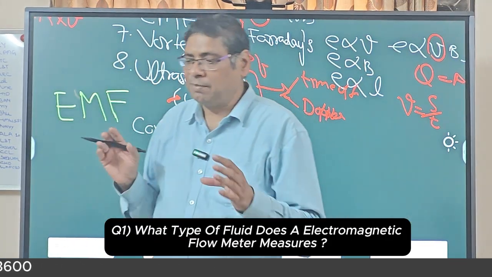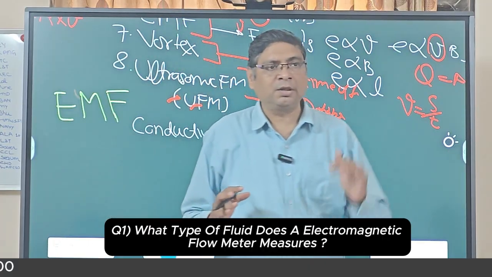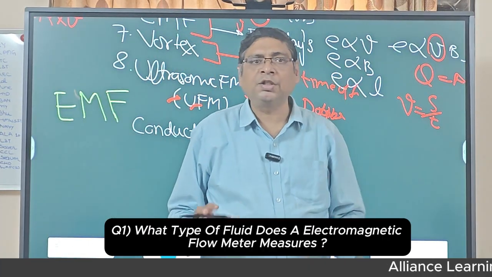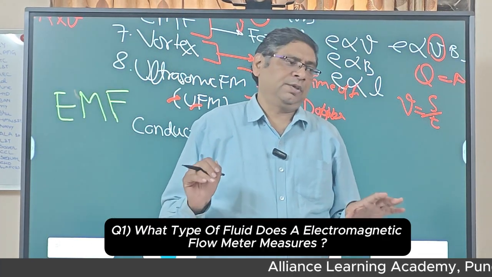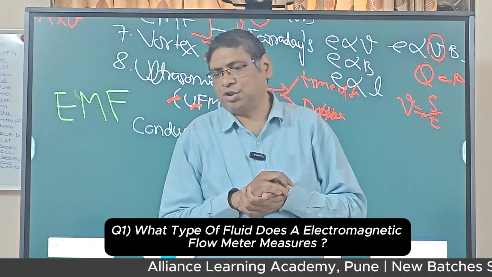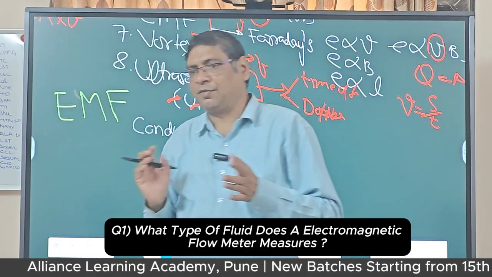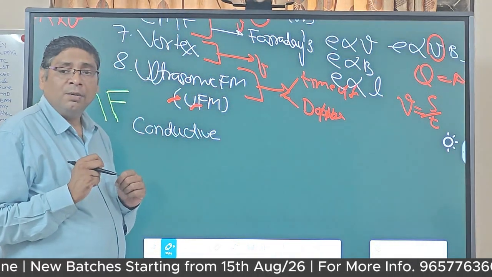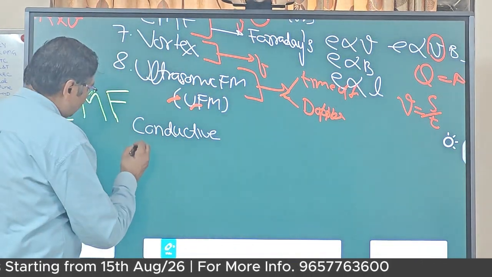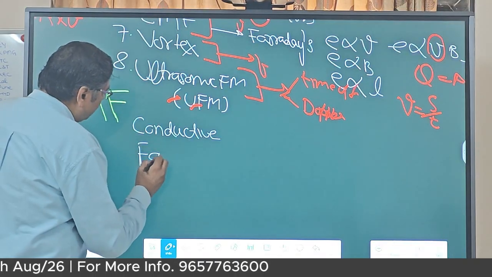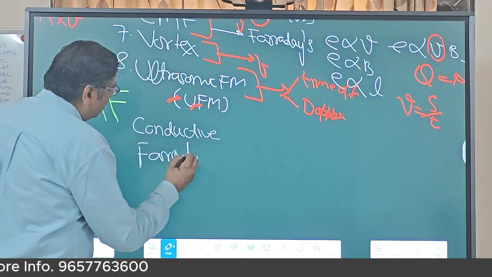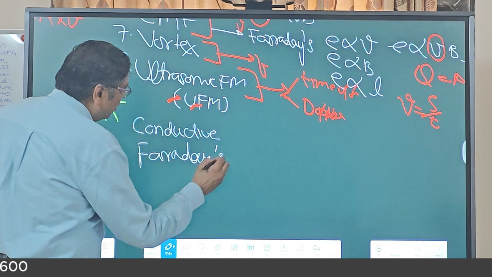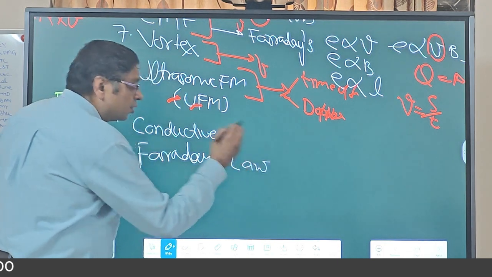And I see in many interviews of instrumentation candidates, this question is compulsory. Everyone asks it. Conductive. Then they ask, electromagnetic flow meter, what is the principle? Principle is Faraday's law. What is Faraday's law?